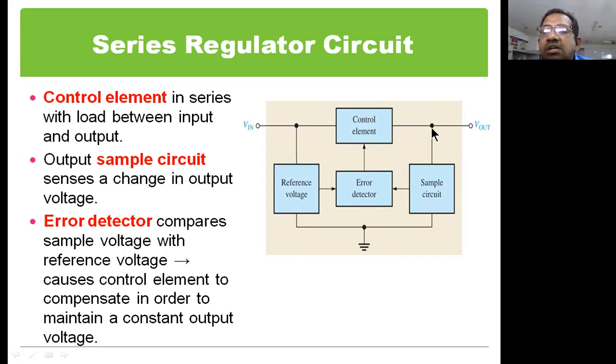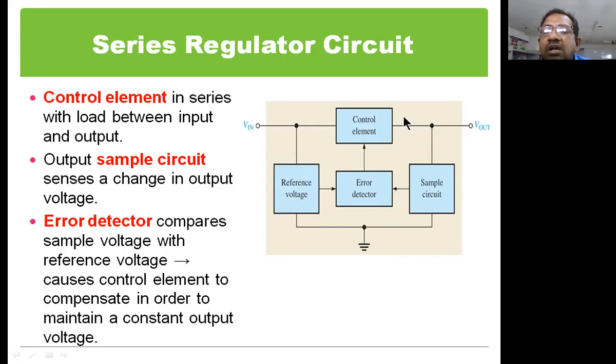So this lesser current flows through the load resistance. Don't confuse that the current is going to take this path. No. If you take the sample as a voltage, then the output voltage sampling does not draw current. The entire current flows to the load resistance.